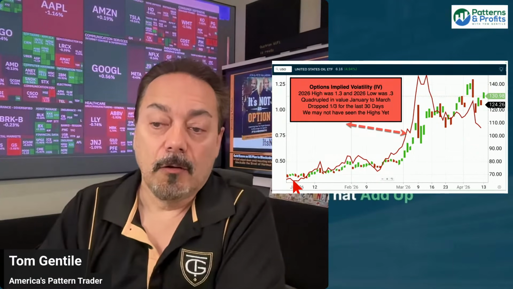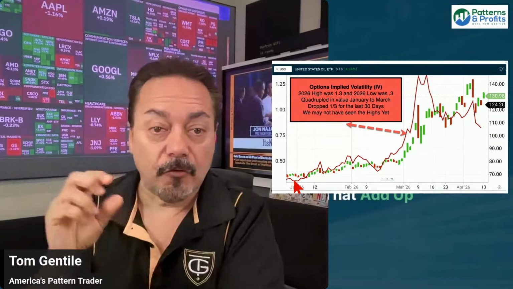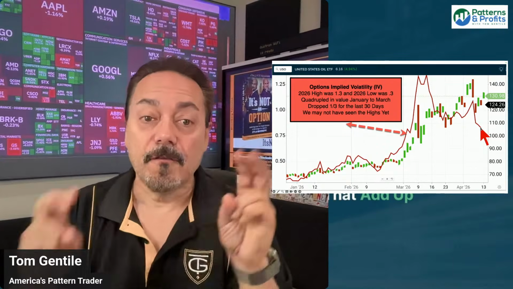Well, USO's VIX was around 30. That VIX went to 130 by about a month ago, and it has since dropped down. Even with the move higher today, USO's VIX, if we're going to call it that, implied volatility dropped down to around 80.